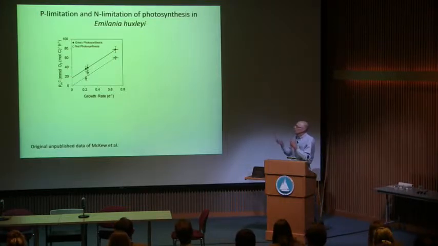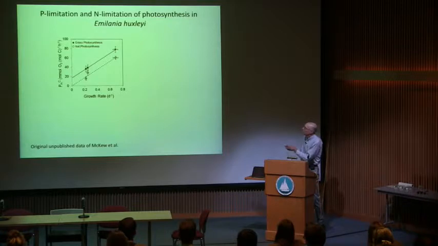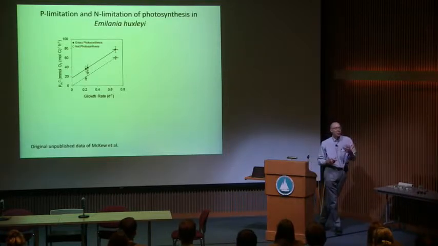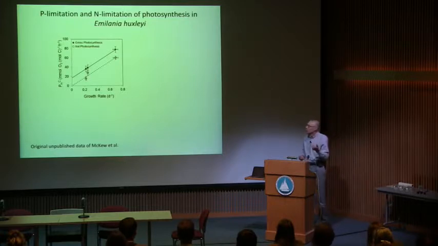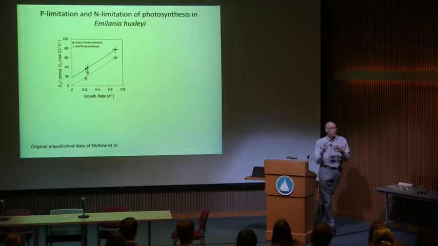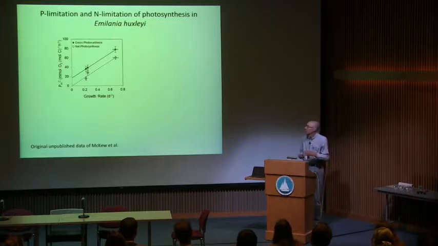And really this correlation between maximum photosynthesis and the achieved growth rate is observed under other nutrient limitations as well. It has to happen if there's a feedback between growth and photosynthesis and a regulation of photosynthetic activity.